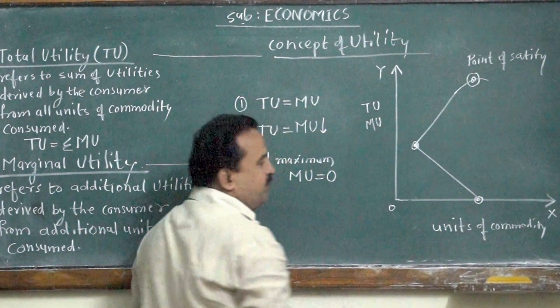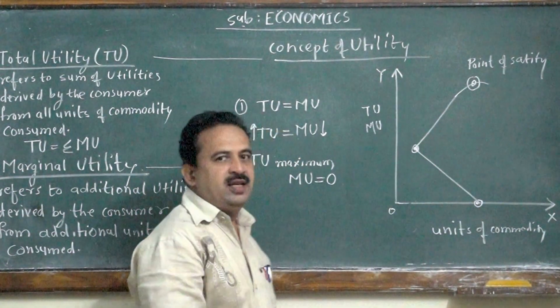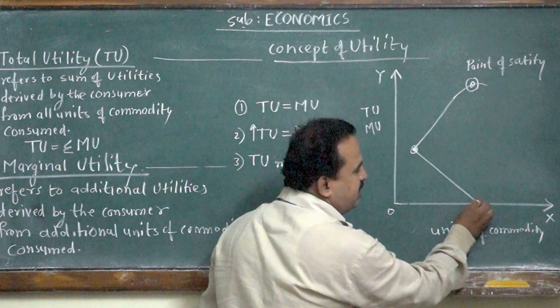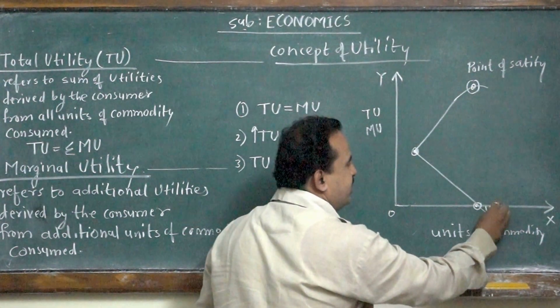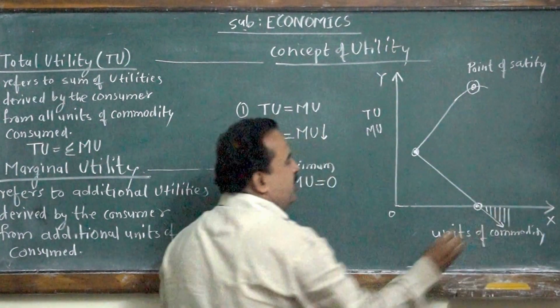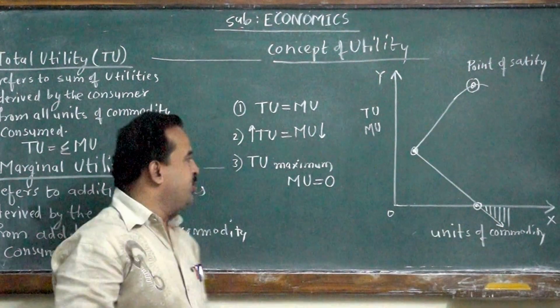This point is the zero point of marginal utility on the y-axis. After this, the marginal utility curve intersects the x-axis, and then after this consumption, disutility comes into existence.